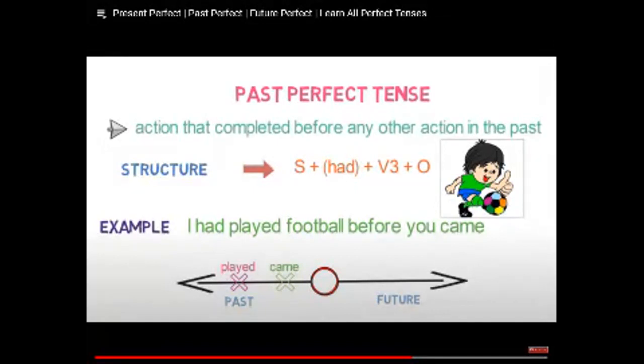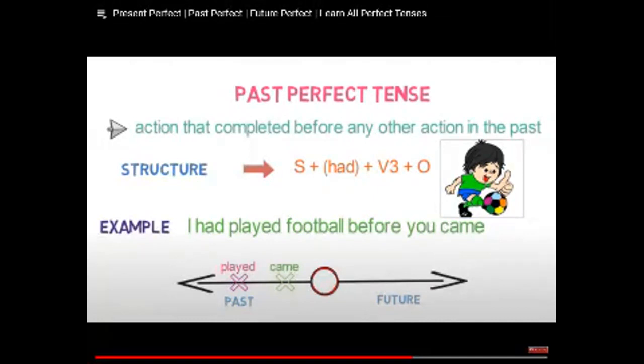Just keep it in your mind: whether you have present perfect, past perfect, or future perfect, you will always use the verb's third form, but the helping verb will be different. As you can see, in present perfect we had has and have, and now in past perfect we have had. So had will always refer to the past perfect tense.